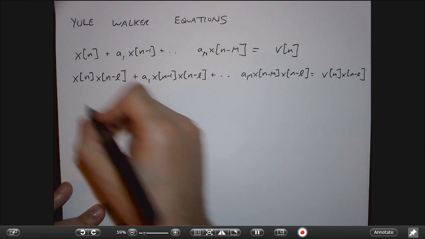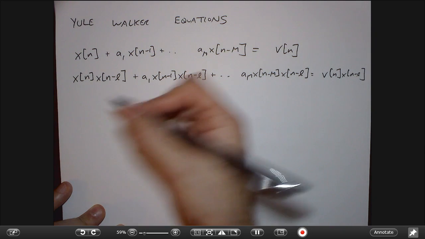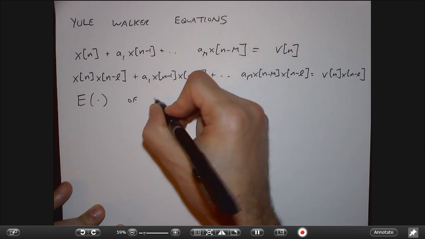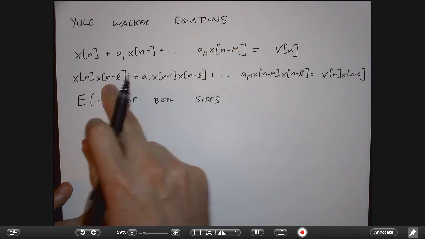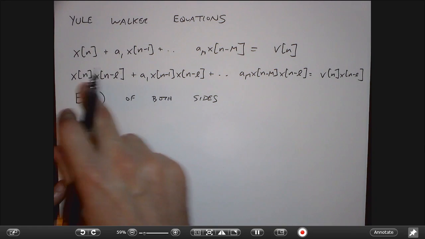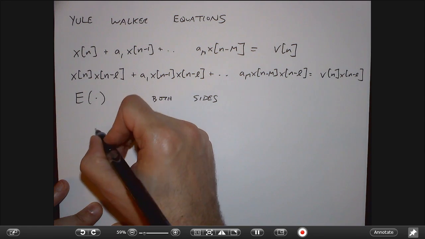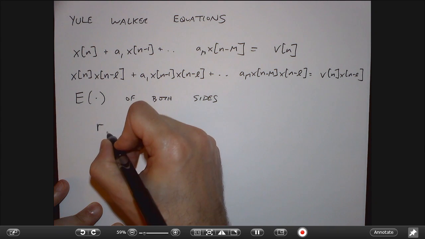And now I'm going to take the expected value of both sides. So the expected value of both sides. And now you can see that I'm going to get quantities that are related to the autocorrelation of the sequence, right? Because the autocorrelation of this, or the expected value of this, is just what I defined as R of L, right?